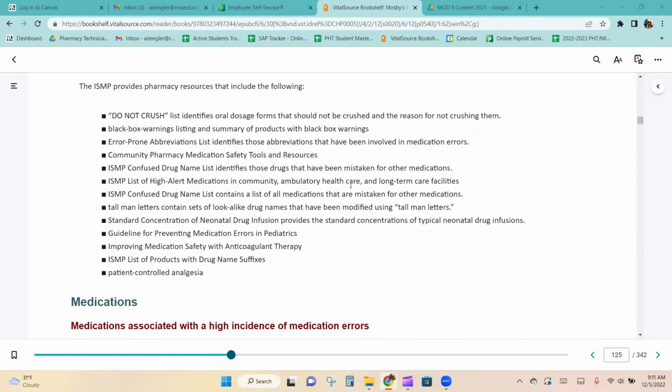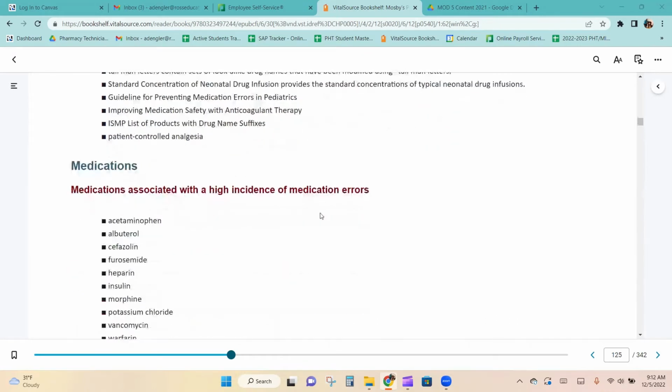The ISMP provides pharmacy resources that include the do not crush list, black box warning list, error-prone abbreviations list, community pharmacy medication safety tools and resources, tall man letters, confused drug names, high alert medication list, patient controlled analgesia.